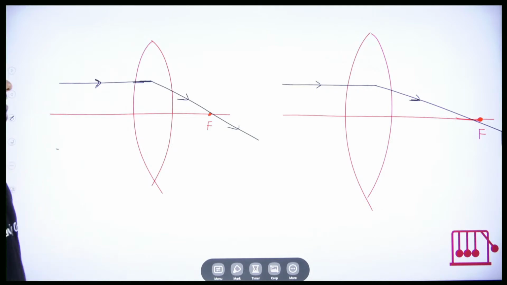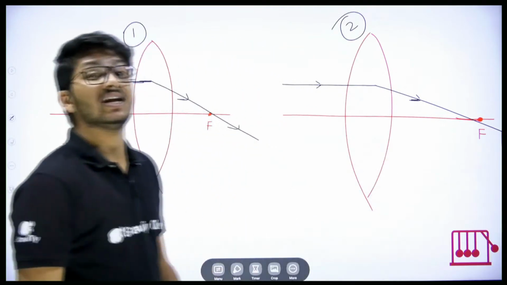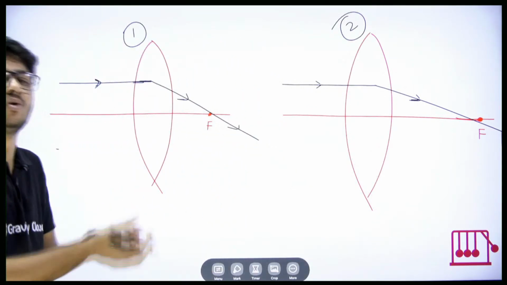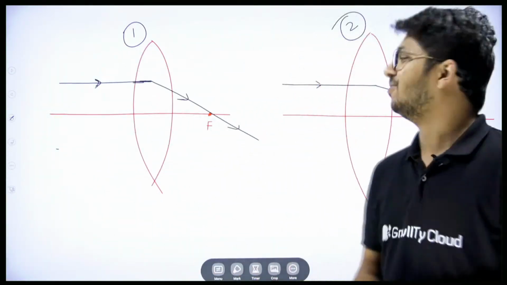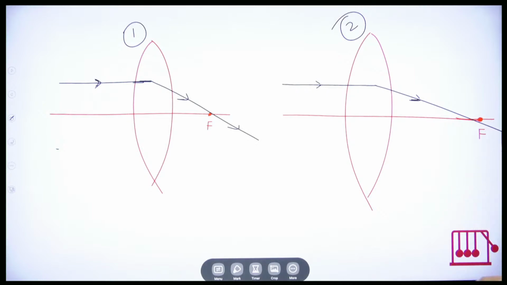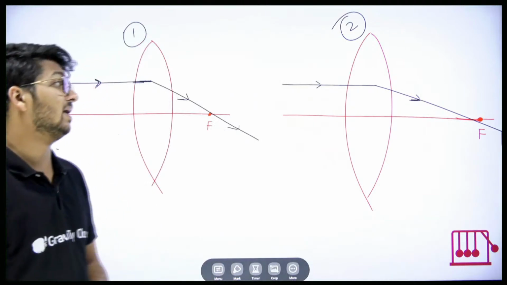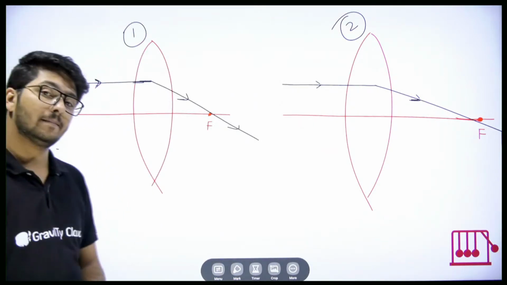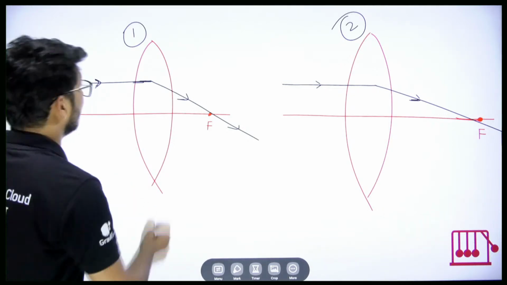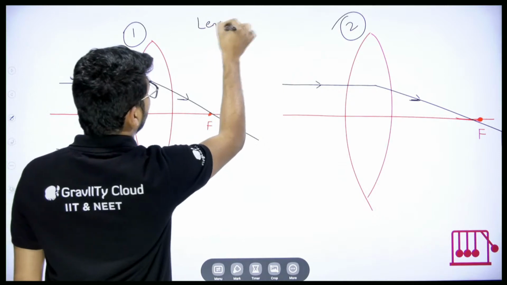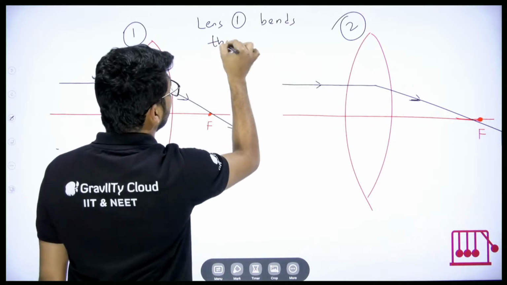The question is, which lens, the first lens or the second lens, is bending the ray more? 1 or 2, which lens is bending the ray more? And the answer is 1. Lens 1 bends the ray more. Why? How? Let me explain that.